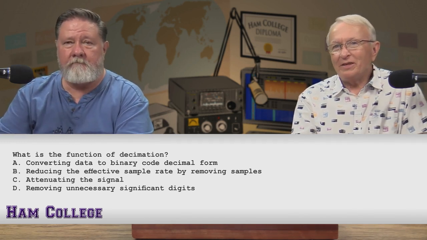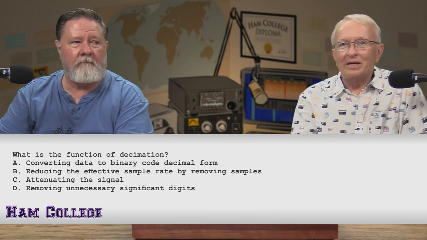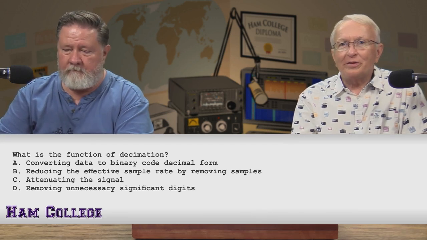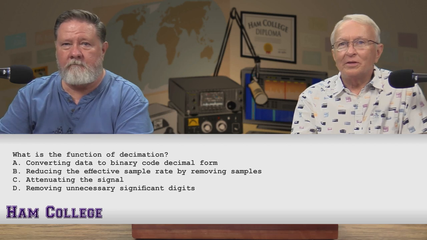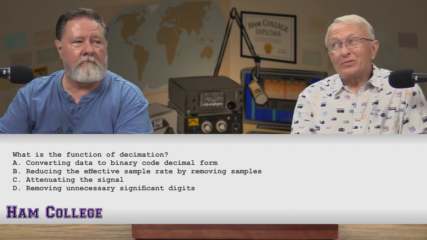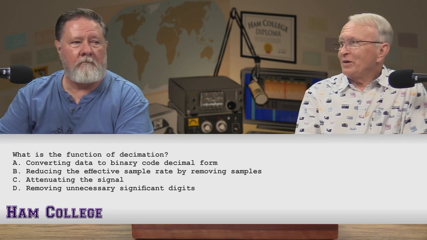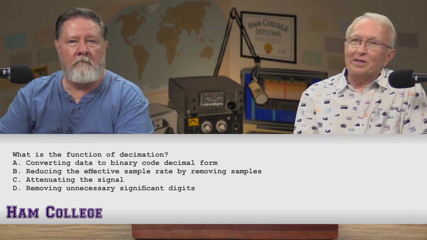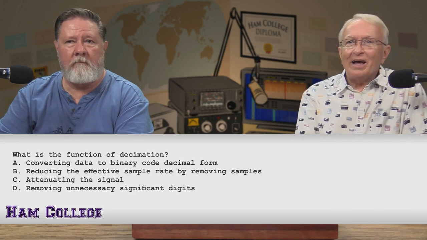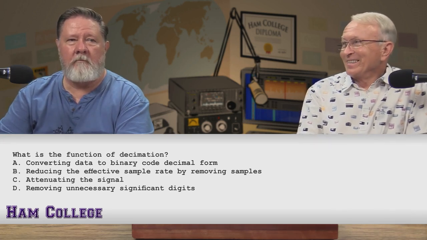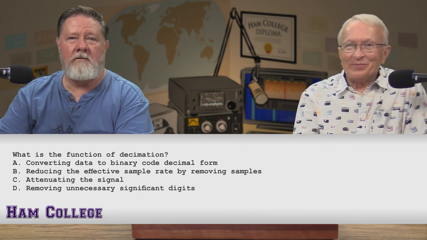Well, I could see where you might think that. D, removing unnecessary significant digits. Would a significant digit ever be unnecessary? No, if it's significant, how could it be unnecessary? It's insignificant.